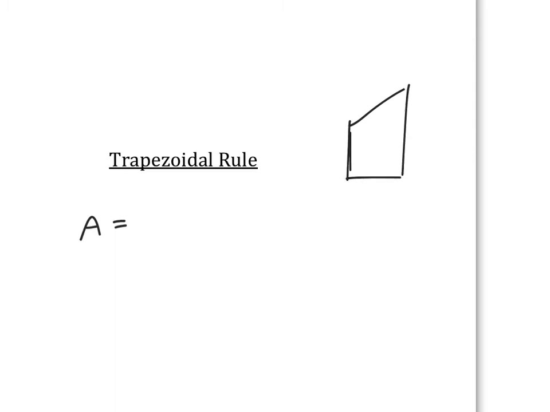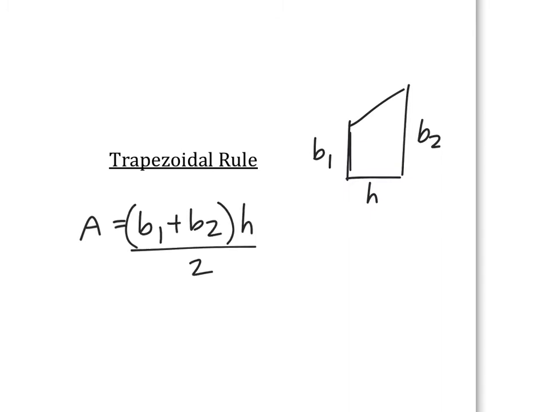Let me label these things so you know what I'm talking about. Base 1, base 2, h. B1 plus B2 times h divided by 2. Base 1 plus base 2 times the height, divided by 2. Okay, so you gotta memorize that. It will definitely be on the test. So, memorize.